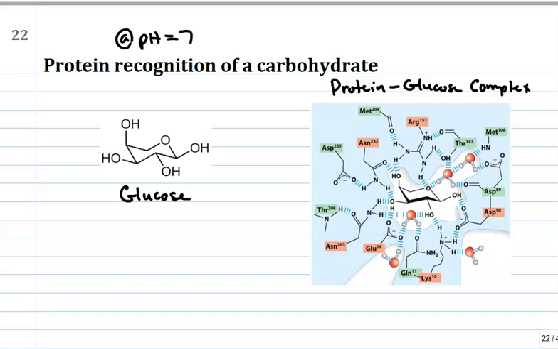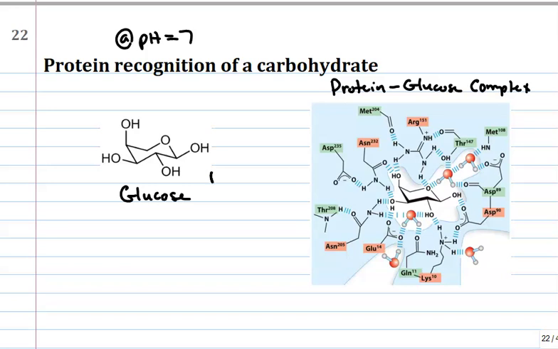We have glucose binding to proteins, and you're seeing a bunch of different amino acids here. Now, the first thing we need to get straight, and when I ask this question you should pause the video, answer the question and see if you get it right. At pH 7, will glucose be charged? Well, hopefully you're right about this.